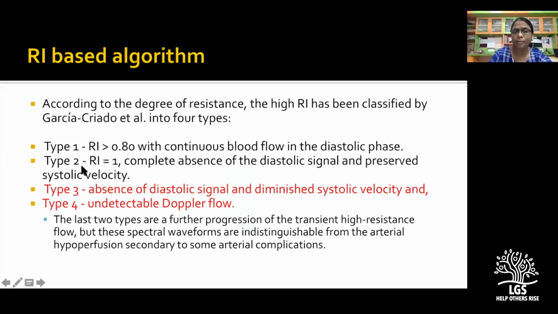Type 1 and type 2, we follow with the Doppler. In type 3, where the systolic velocity also starts decreasing, we should be very vigilant with frequent Doppler in this condition because it's a predisposing factor for hepatic artery thrombosis. If type 4 is present, that is an undetectable Doppler flow, then we have to proceed with the CT angio to rule out the hepatic artery thrombosis.